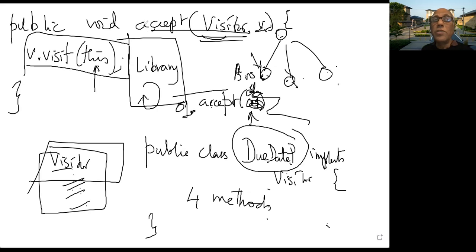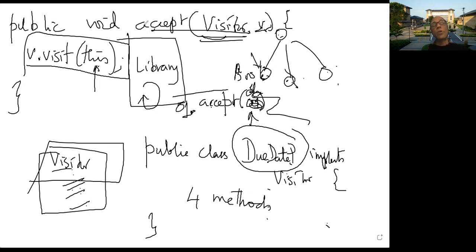But you can't do arbitrary modifications to the system using this. This only works for a small type of changes. So don't imagine that any change that you can have in the future would be accomplished through the visitor interface. No, that is not possible.